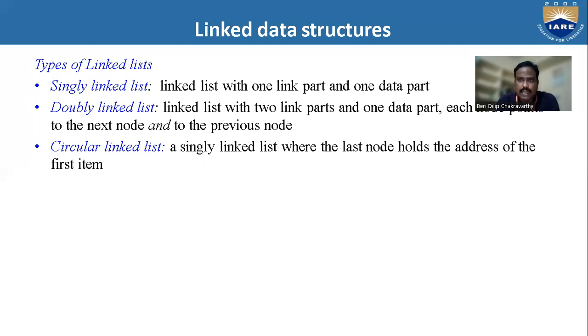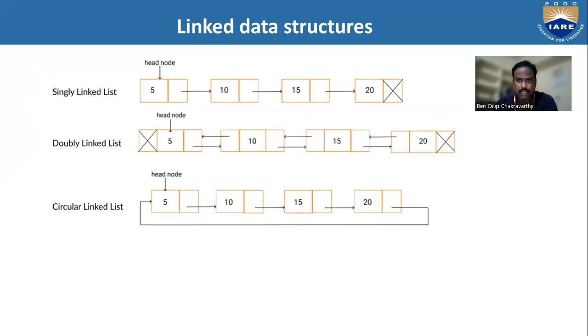Whereas in a circular linked list, we are not placing null at the last node. Instead, the last node points to the first node. We store the address of the first node in the last node. That's why we call it a circular linked list. We'll see this with a diagrammatic representation.